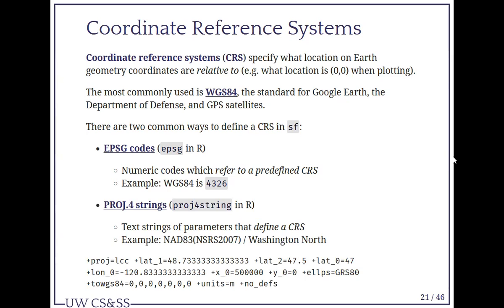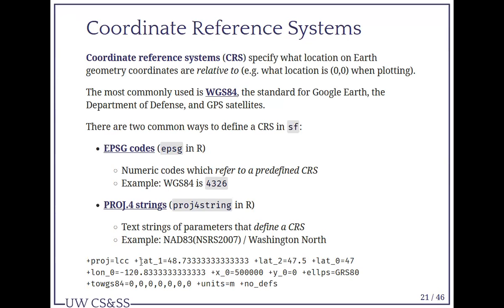Another way you could do this, which is not available in all of the geometries you might receive in a dataset, is proj4 strings. These are text strings of parameters that define a CRS. An example would be NAD83, Washington North, and you would use that kind of information to translate to a second data set. This will often come to us with a little bit of information when you read it in.